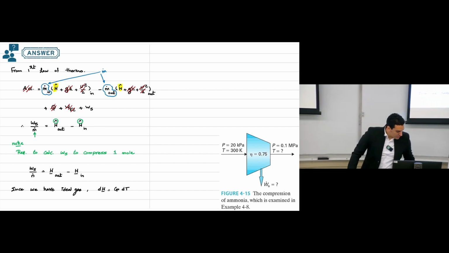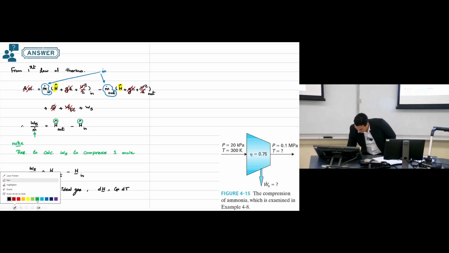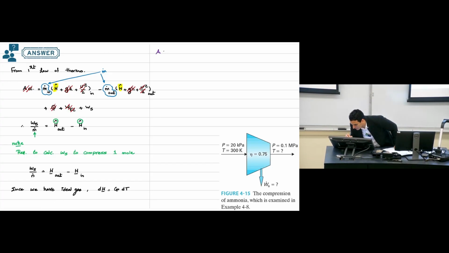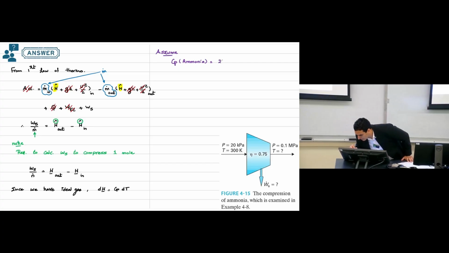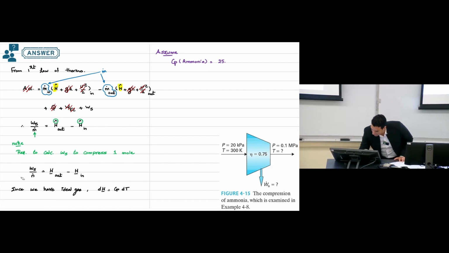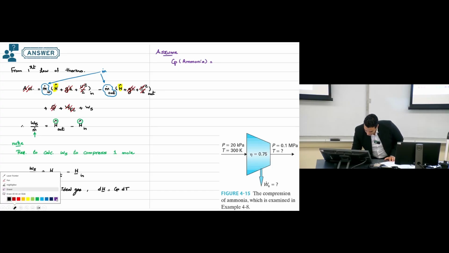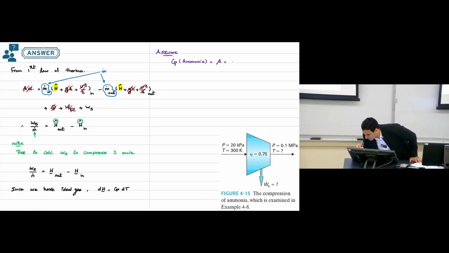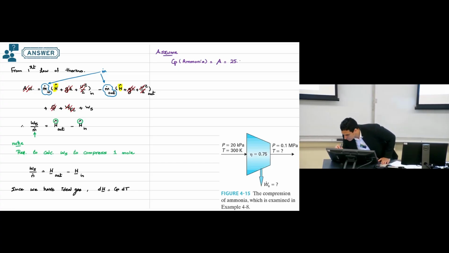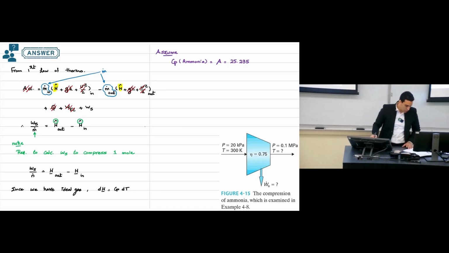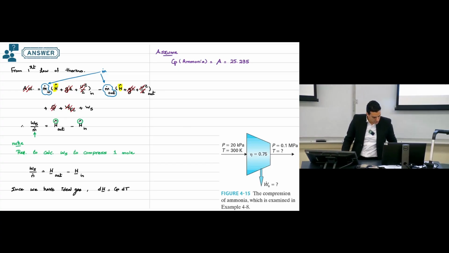Okay. So now let's assume we have Cp of ammonia, which is equivalent to parameter A, which is 25.235, and the units we have are joule per mole kelvin.